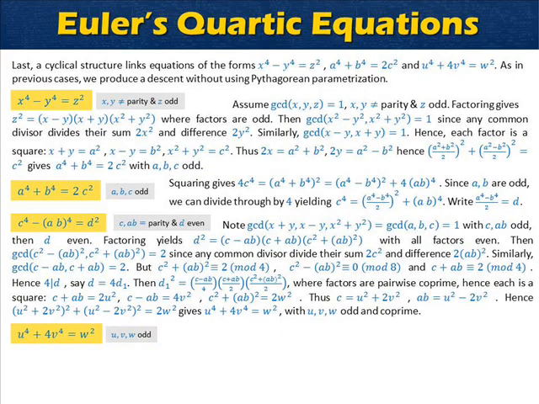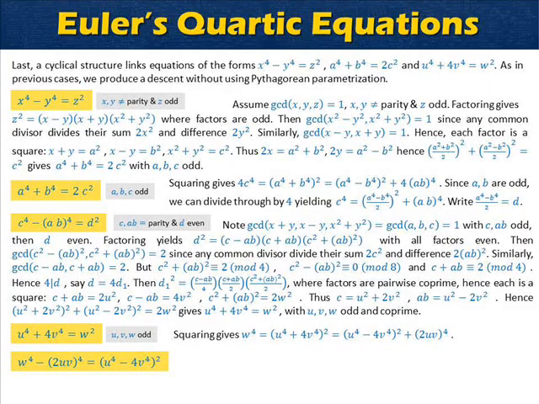In this next step, we square the equation, giving w raised to the fourth equals the square of u raised to the fourth minus 4 times v raised to the fourth, plus the fourth power of 2 times u times v. Hence, in this last equation, we have a difference of fourth powers equals a square. This time, the square is odd, and the fourth powers have opposite parity, just like the initial equation.